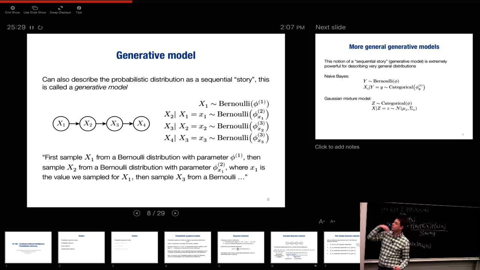That phi superscript 1 is, of course, just the probability of x1, right? We talked about Bernoulli variables last time. So this is just the parameter of the Bernoulli distribution, equal to the probability that x1 is equal to 1. So we sort of flip a weighted coin with probability phi superscript 1 of heads, and that lets us set the value of x1.